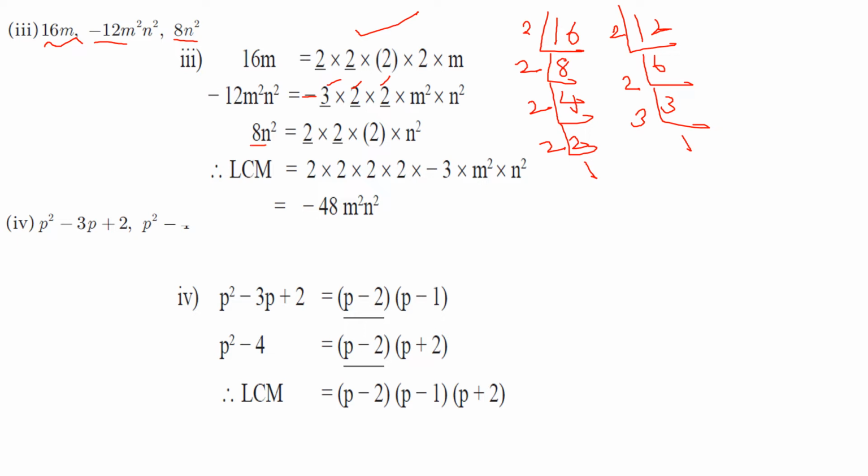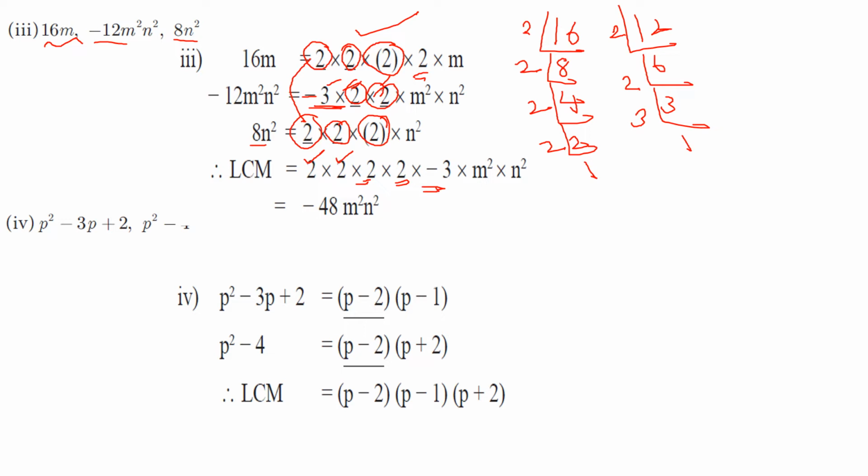So LCM, how will you find? First here I take the common, first one, here 2 and 3. So in this we can write one 2. Next this one we can write as this 2. Next you take this 2, one common, write one 2, and leftover this 2 only, you write this 2 and this minus 3 also, into minus 3.